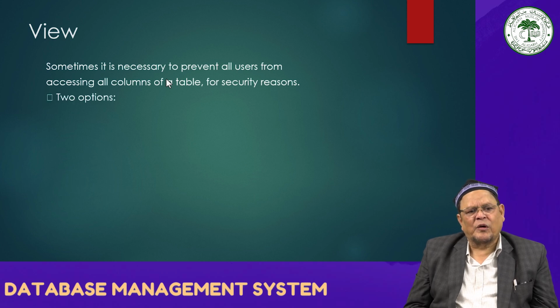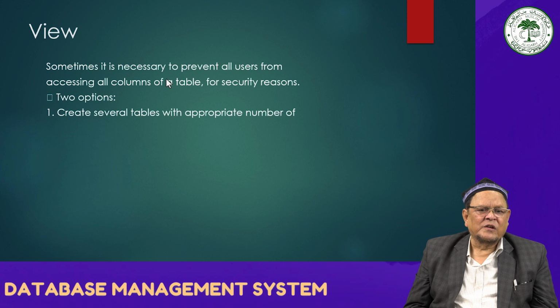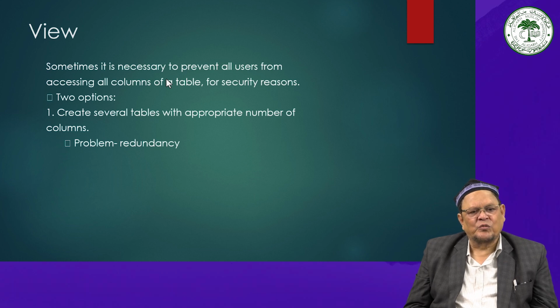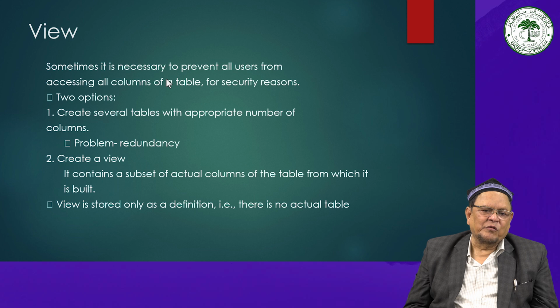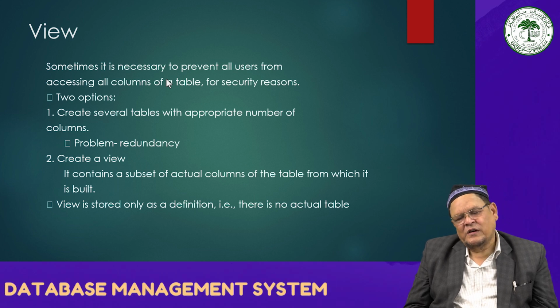So there are two options. Create several tables with an appropriate number of columns, which causes the problem of redundancy, or you can create a view. It contains a subset of the actual columns of all the tables from which it is built. A view is stored only as a definition; there are no actual tables.